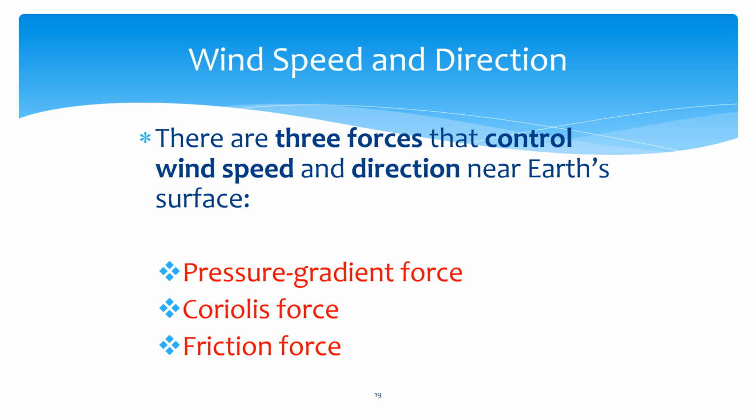Pressure gradient force is what pushes that air and gets it moving and keeps it moving. Coriolis effect influences the direction of the movement of the wind. And then the friction force, this is something that is going to basically put the brakes on the wind. It's going to influence how fast that wind can go at a given level in the atmosphere. Is it up aloft, away from the surface of the Earth, or is it down close near the surface where there's a lot of things for it to bang into and slow it down?